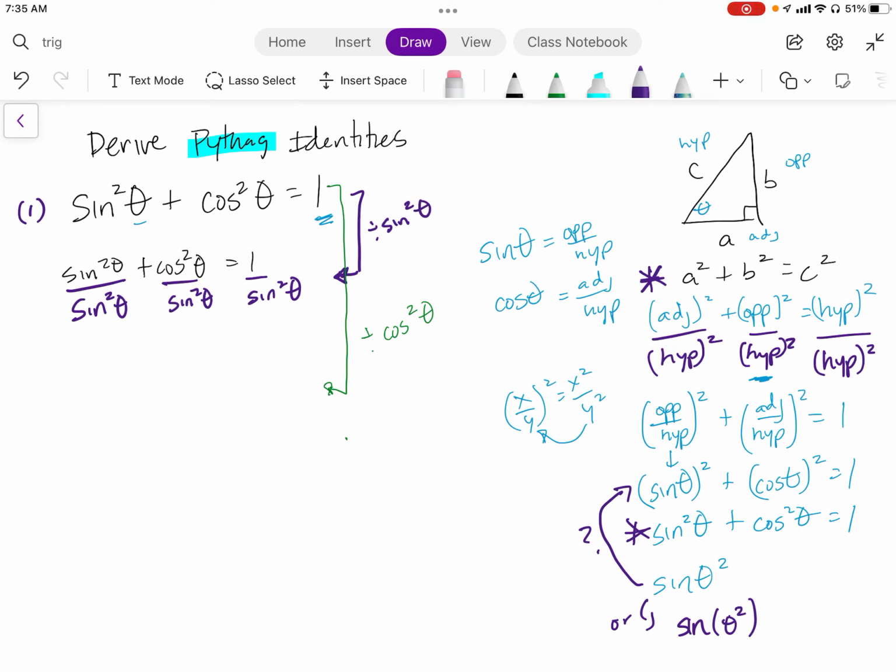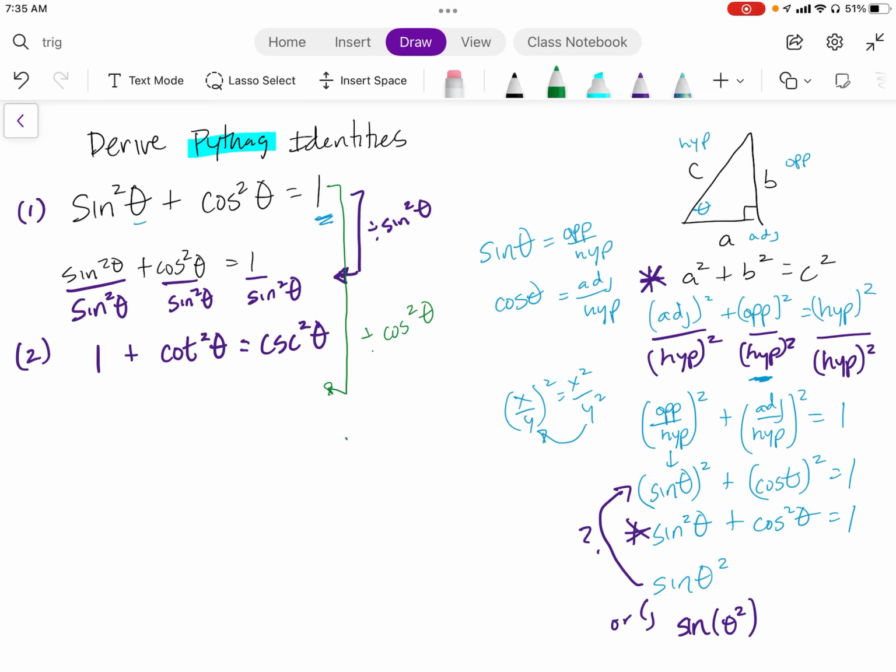To finish this up, sine squared divided by sine squared is 1. Cosine over sine is cotangent. So cosine squared over sine squared is cotangent squared. 1 over sine is cosecant. So 1 over sine squared is cosecant squared. Bam, done. There's number 2.